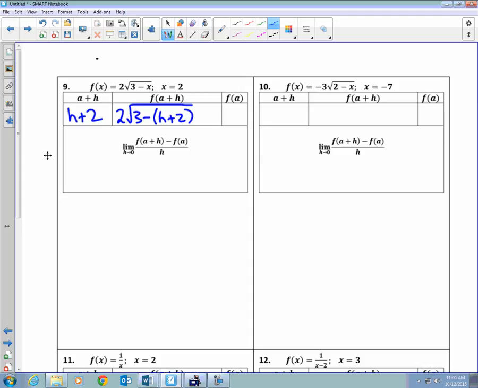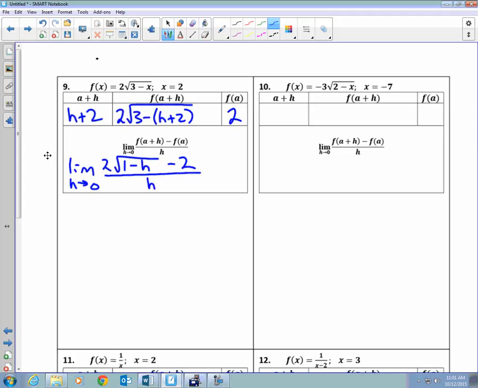What is f of a? So I have the limit as h goes to 0 of 3 minus the 2 is 1, and I'll have a negative h. So I'll write 2 times the root of 1 minus h, minus 2 all over h.